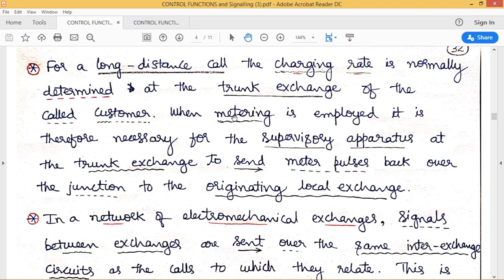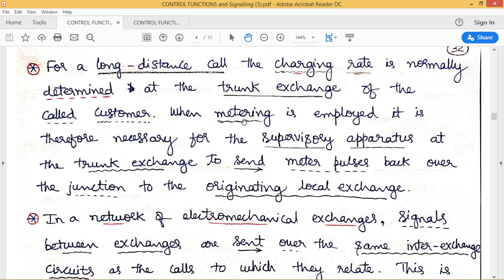So when metering is employed, it is necessary for the supervisory apparatus at the trunk exchange to send meter pulses back through the junction to the originating local exchange. We know this trunk exchange is deciding what amount is to be billed.